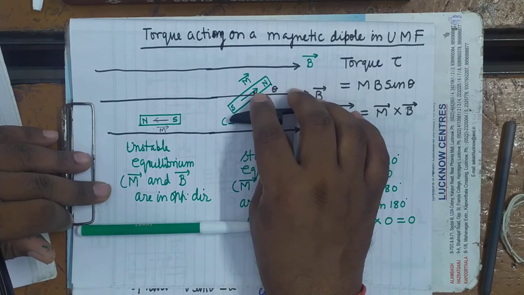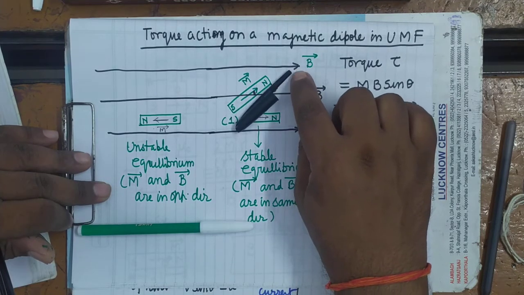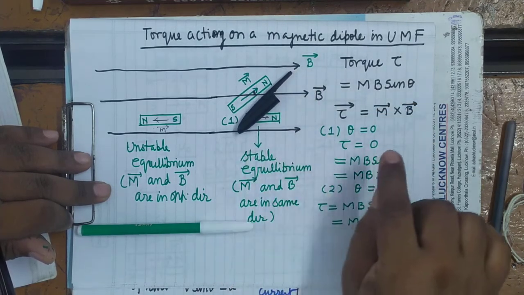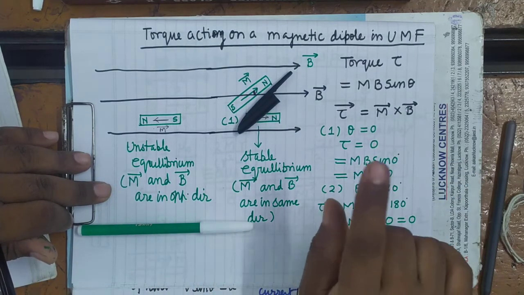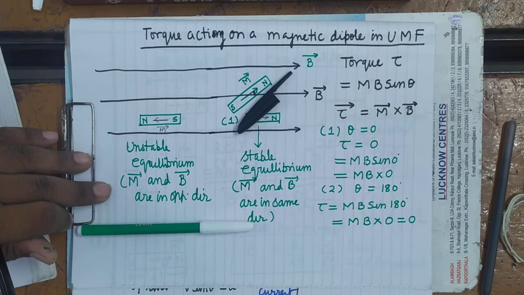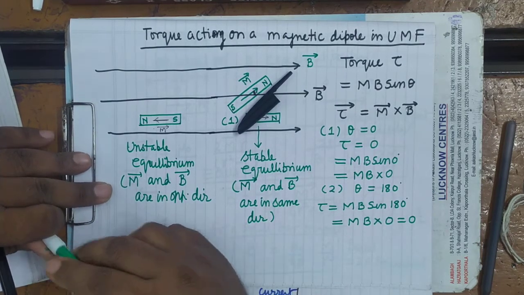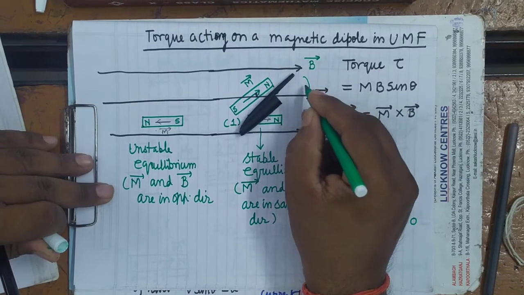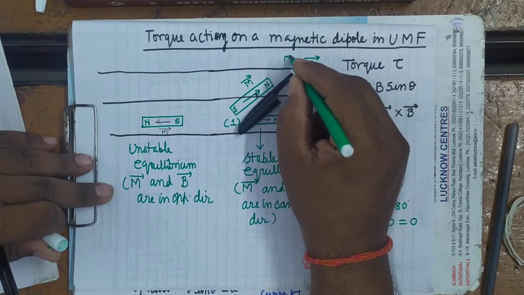Here deflecting torque is applied by me. It is clear. As soon as it changes this position, now vector M and vector B are no more parallel. Some torque will set up due to the magnetic field, and that torque will act in what direction? Here that torque will act in this direction. It is clear. While the deflecting torque is acting in this direction.